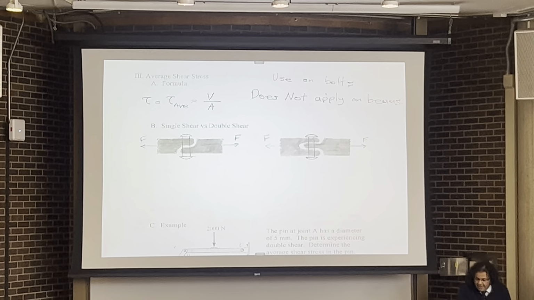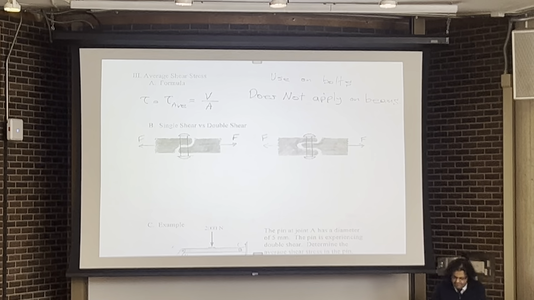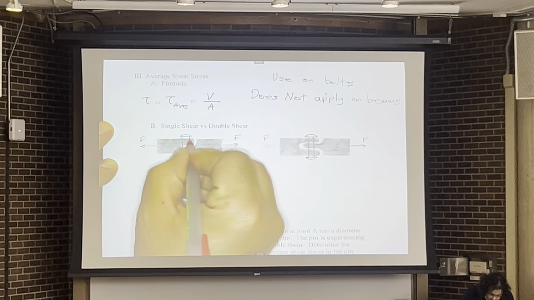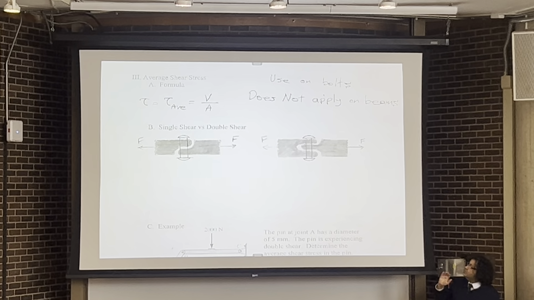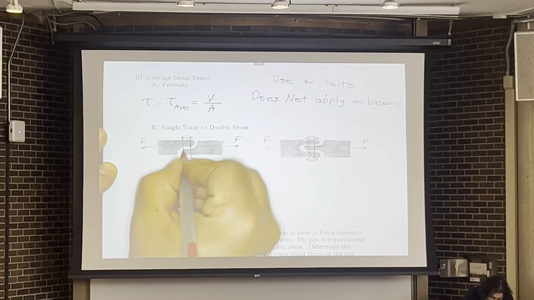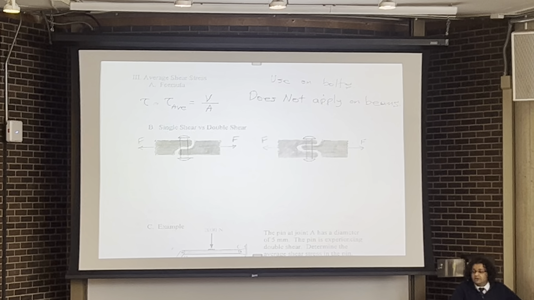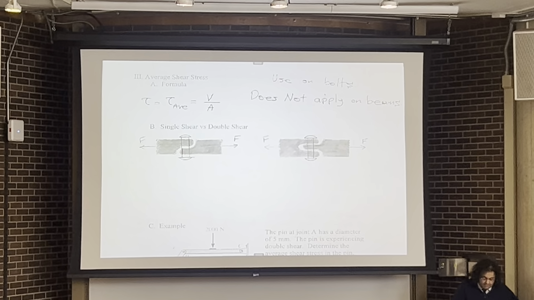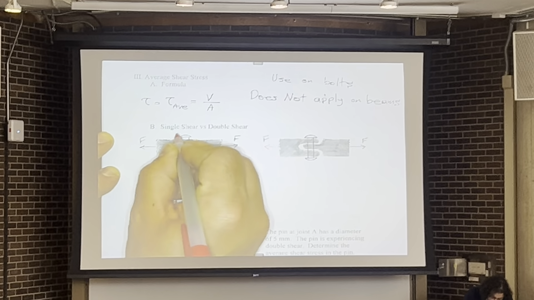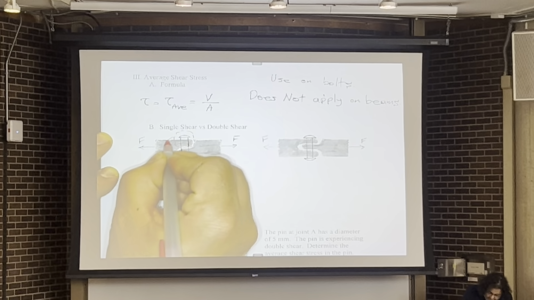So here I'm going to have a contact between the bolt hole wall and bolt shank, and here I'm going to have another contact between the bolt hole wall and the bolt shank. So I can isolate the top part of this bolt and draw the free body diagram of the bolt on the top part here.